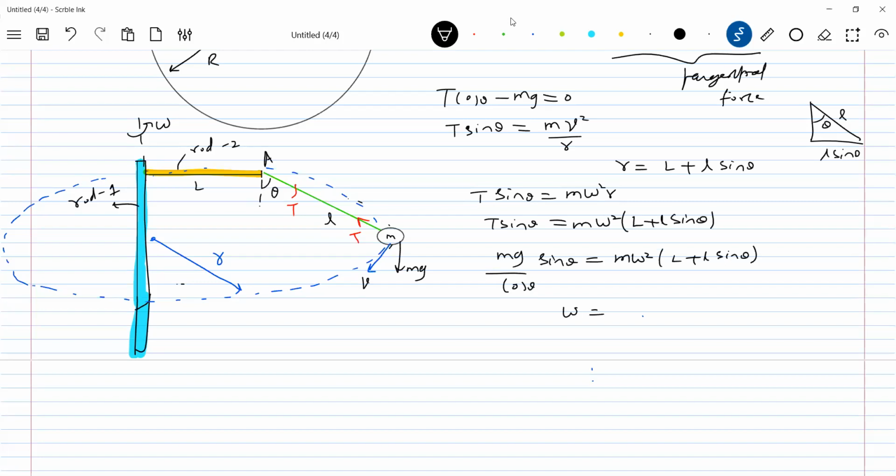So omega is equal to the square root of g tan theta by (L plus L sin theta). This is the angular frequency. If you want the time period, what should you do? T naught equals 2 pi by omega. Different types of rotating systems I'm just bringing. Again, the centripetal force is only a component of tension.